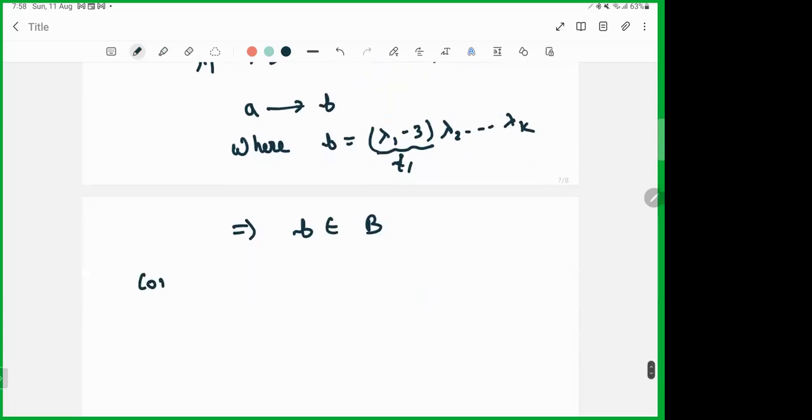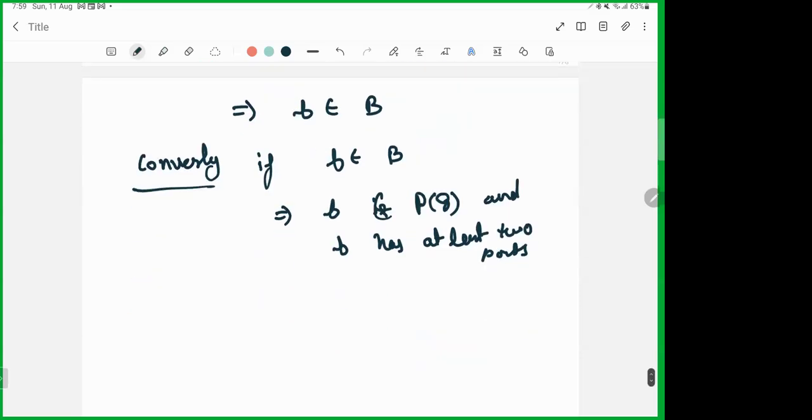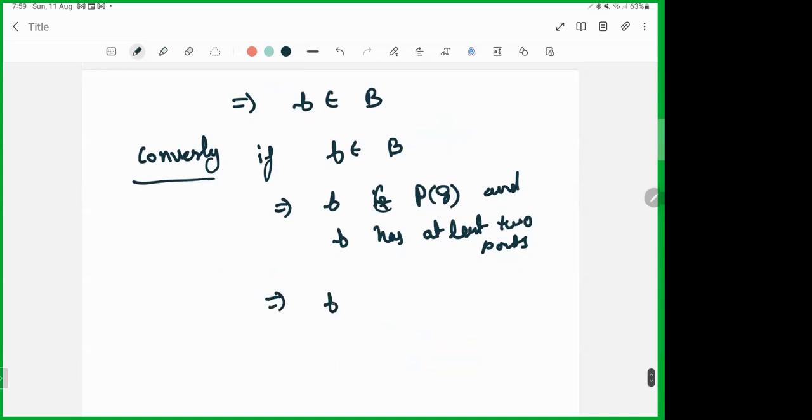Conversely, if b belongs to B, that means b belongs to partitions of 8 and b has at least two parts. So b is of the form alpha 1, alpha 2, up to alpha k.